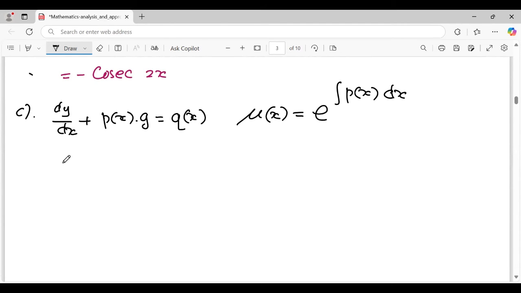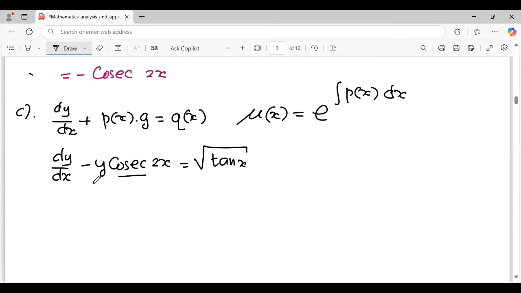All right. Now the differential equation in the question is dy/dx minus y cosecant 2x equals square root tangent x. Right. So p(x) is minus cosecant 2x.